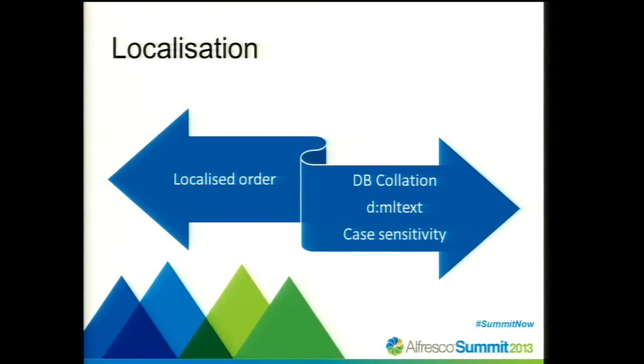And ML text is an odd case. In SOLR, when you query against an ML text property, it will also make sure that the locale you're using matches. In the database world, it doesn't include the locale as part of the match. It will just match any one of the ML text properties regardless of the locale you're currently searching in.